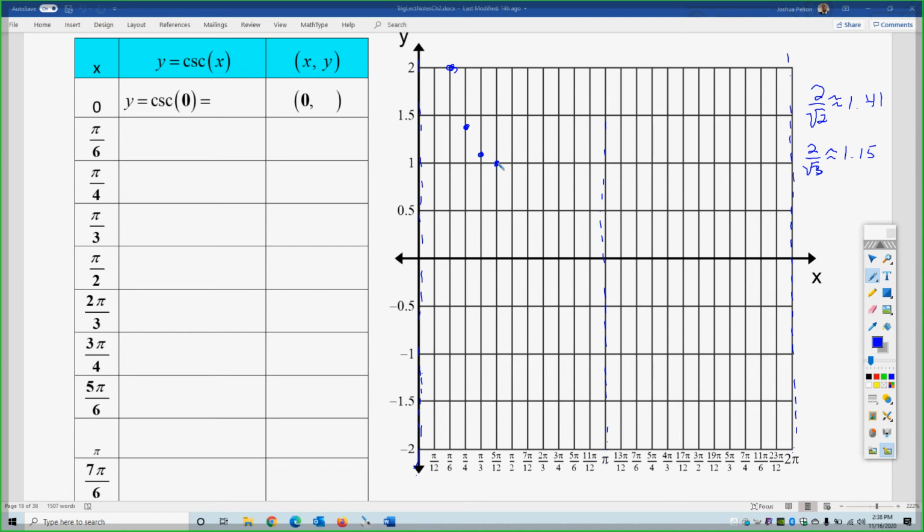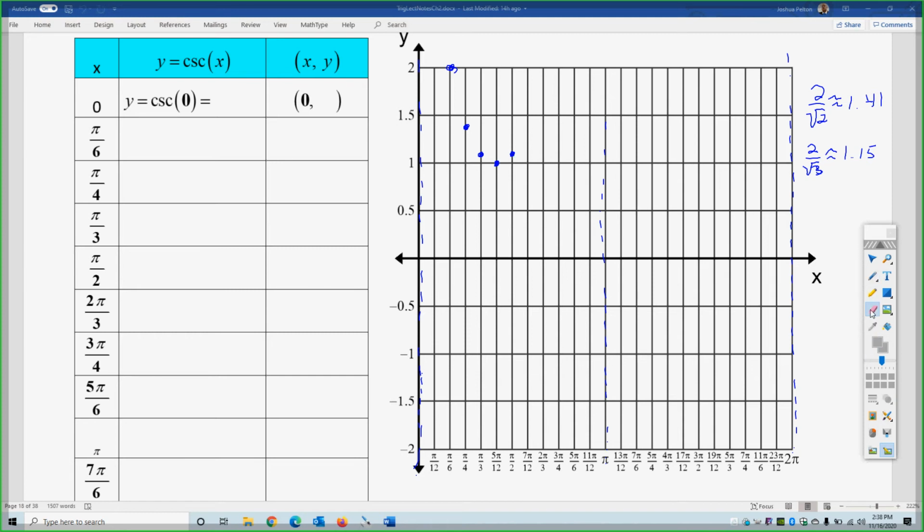Then it starts going the other way. We're back at 2 over root 3, then we're back to 2 over root 2 for 3 pi over 4. Thinking I skipped one. Pi over 2. Oh, I'm off.